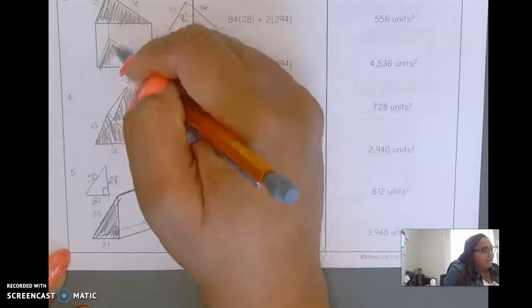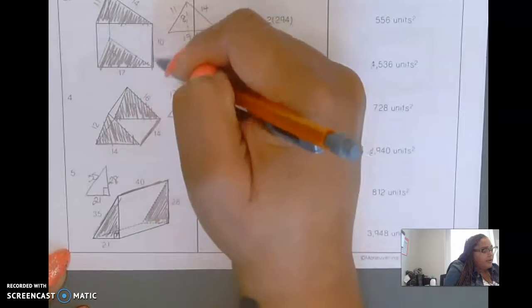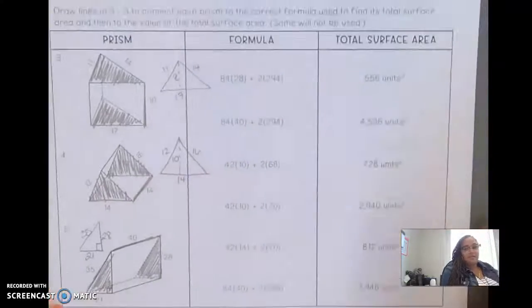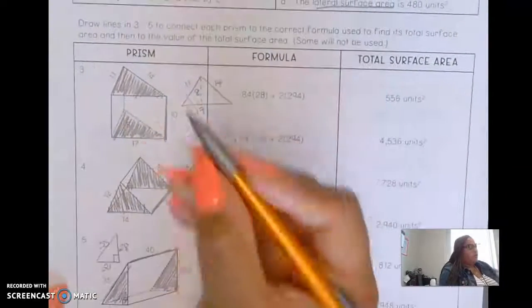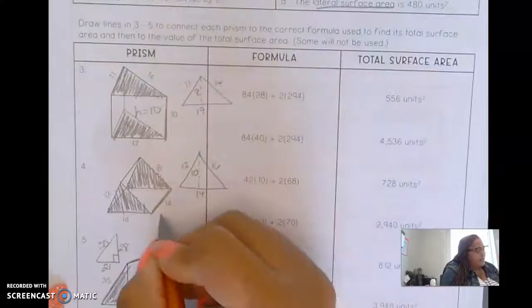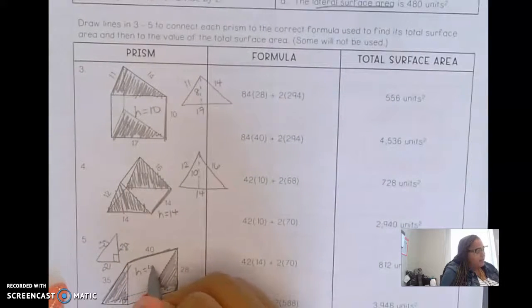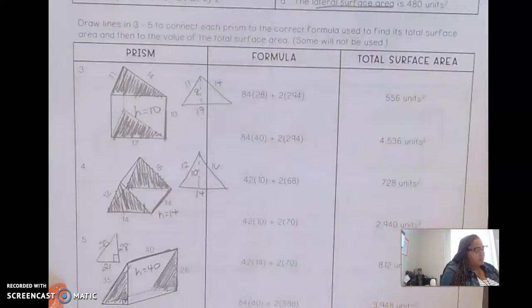And shade this in. The height of the prism connects the bases. Okay? So my height here would be 10. My height here would be 14, and my height here would be 40.